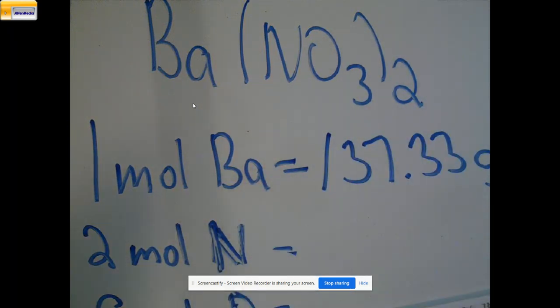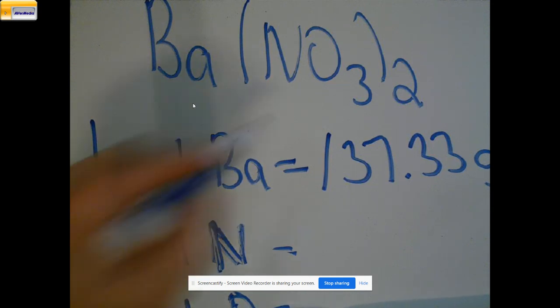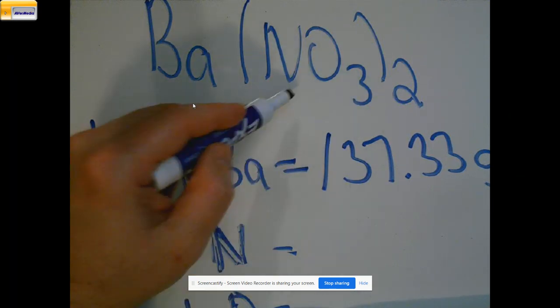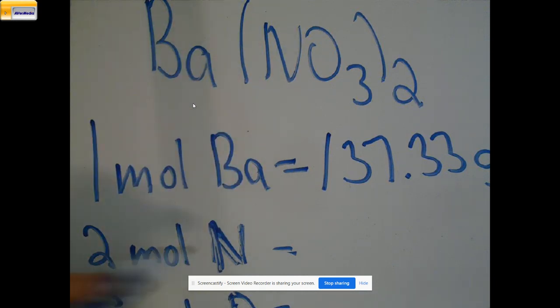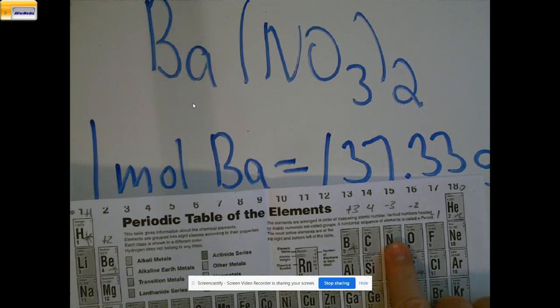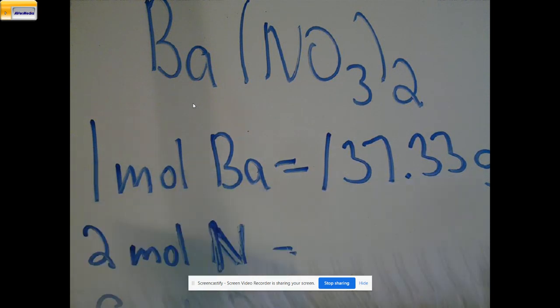Here you have 2 moles of nitrogen. You've got to use that distribution principle again. So 2 moles of nitrogen. Nitrogen is what? 14.007 times 2.